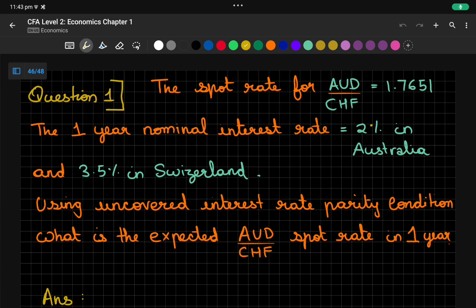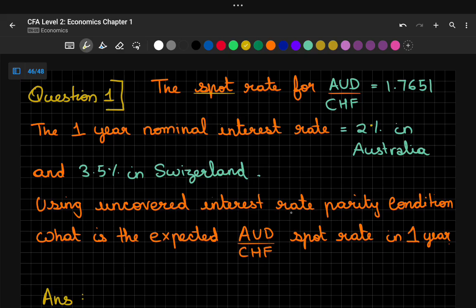Now let us solve a question. In this question, they have said that the spot rate for AUD to CHF is equal to 1.7651. The 1 year nominal interest rate is equal to 2% in Australia and 3.5% in Switzerland.